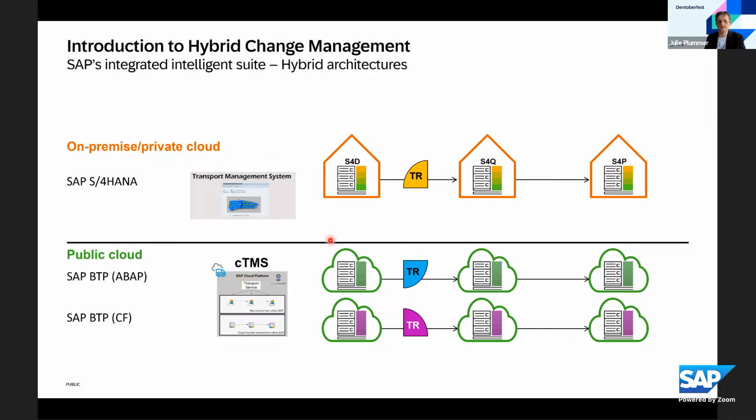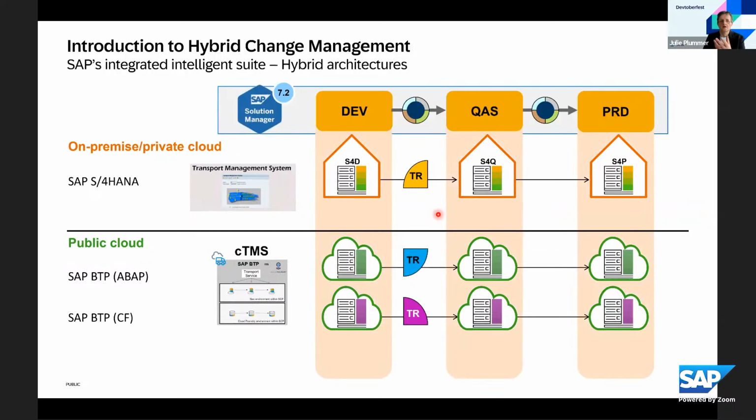And the key thing is these are heterogeneous transport requests, but we need to make sure that the end user receives the called extension and the calling application and the front end all at the right time. To do that, again, I'm going to move my prompt down. What we need is SAP Solution Manager 7.2.